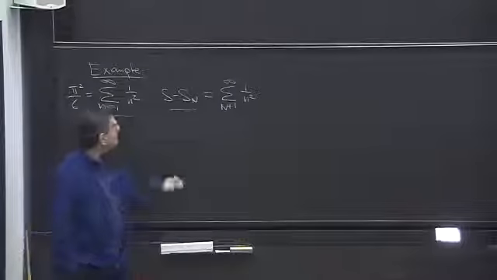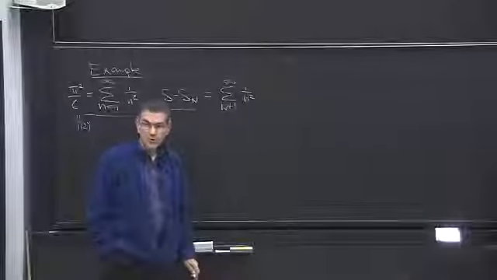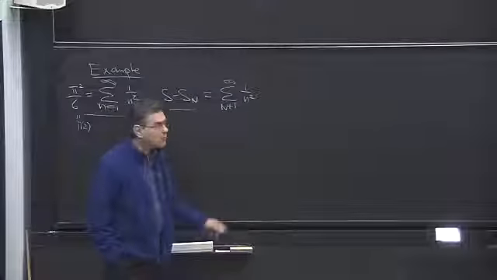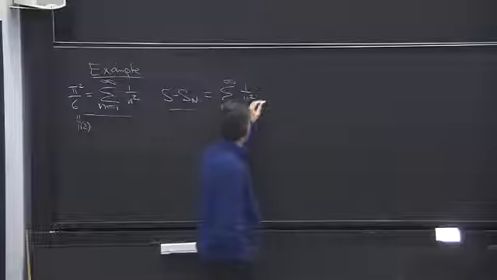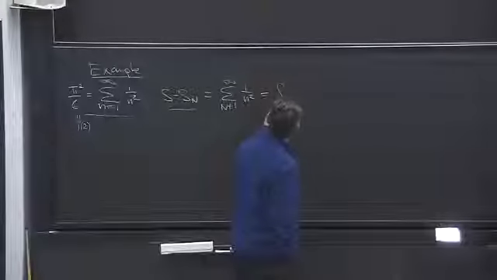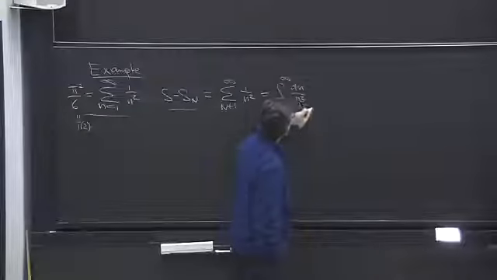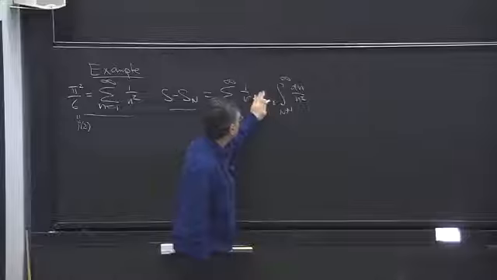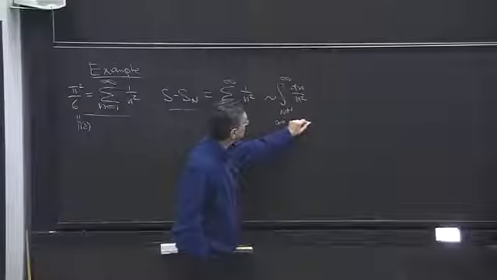We can calculate this with tremendous accuracy by just approximating it by an integral. This is just the integral from n plus 1 to infinity of dn over n squared. Actually, it's asymptotic as n goes to infinity.